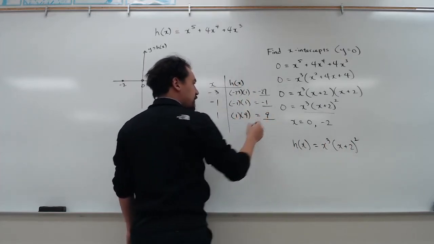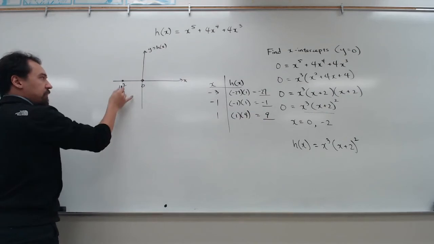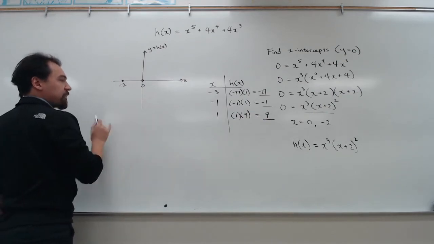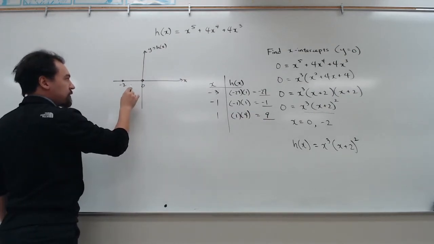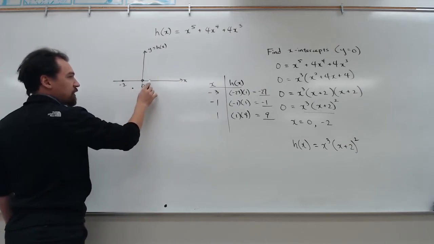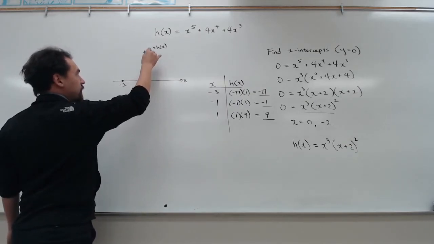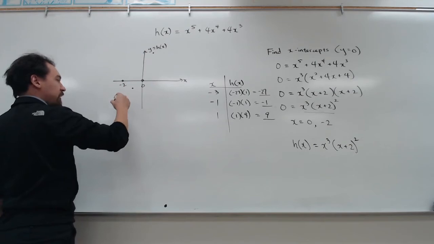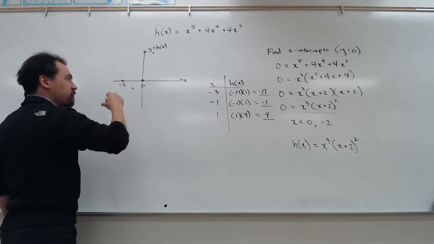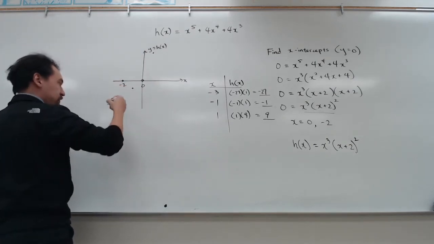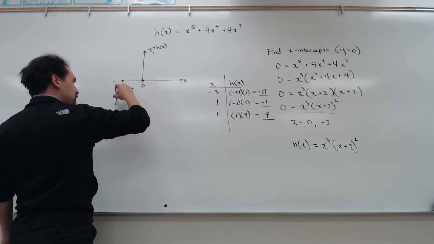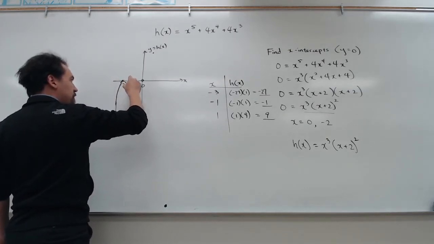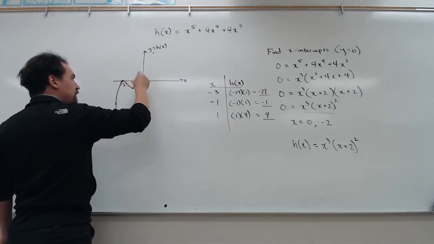So I have this. If I go to sketch, negative 3 comma very negative down here, and then negative 1 comma negative 1, and then 1 comma 9 up here somewhere. I've exaggerated this a little bit again. So if I graph this, I'm cheating because I know what this looks like. It turns out it looks something like this.